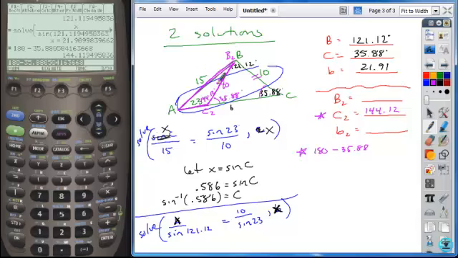So what would we then have to do to find the last remaining angle B2? Take this measure along with 23 and subtract it from 180, right? So if we took 180 minus the given angle A, which stays the same, 23, minus the angle that we just found, 144, we get our measure for the new B angle, 12.88.